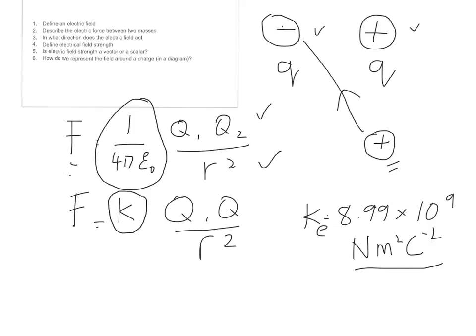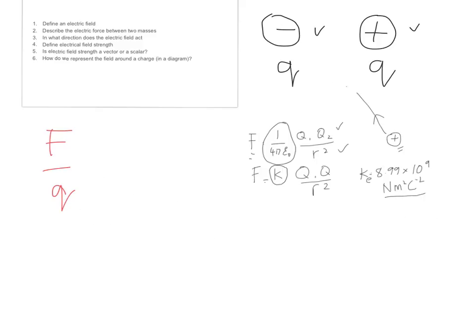The electric field strength, just like in gravitational theory, is the force per unit charge. So we would take our Coulomb relationship and we would divide it by the charge of the particle that is placed in the field.